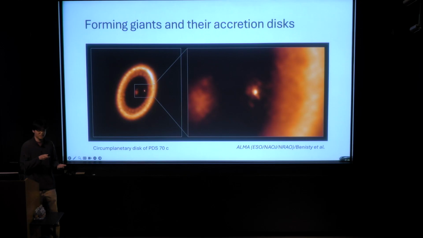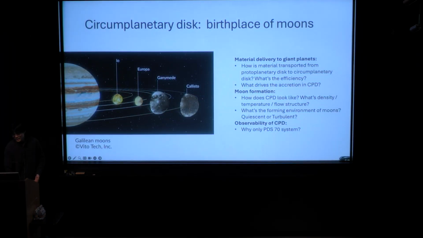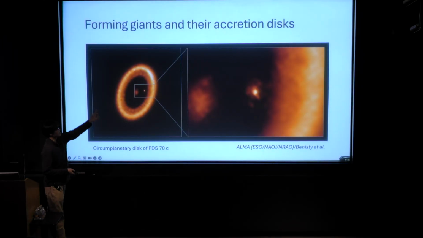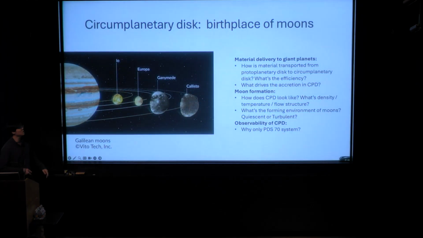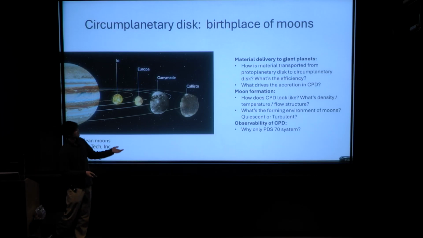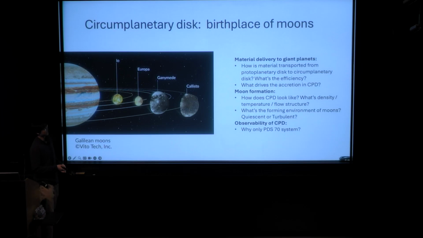People usually call it a circumplanetary disk. Studying circumplanetary disks is important because they connect the protoplanetary disk to the planet. If you want to understand, for example, the mass accretion rate onto the planet, then you need to study how material is transported from the PPD through the CPD.